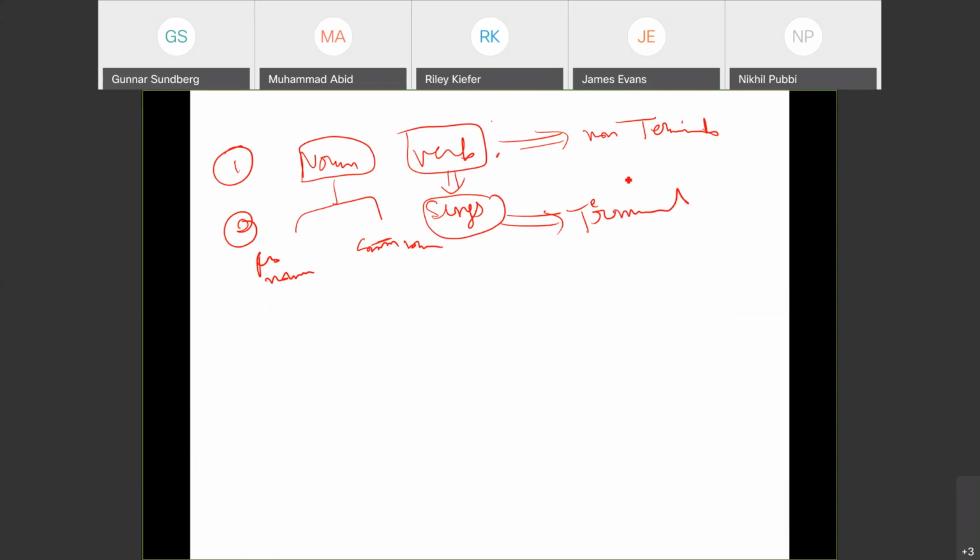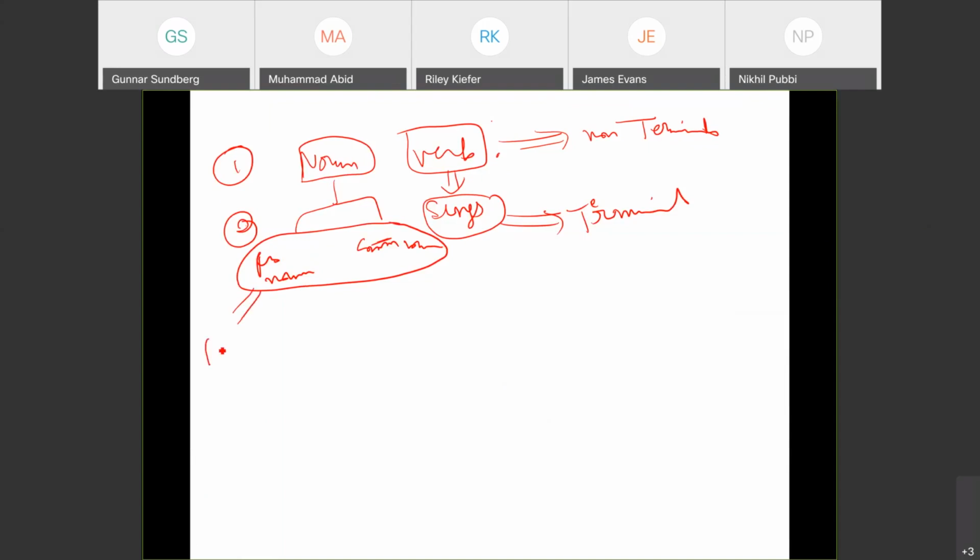But now you have these two different categories of noun, pronoun and common noun. These are not words; these are subcategories of noun. So this is also a non-terminal, and I replace noun with another two non-terminals.